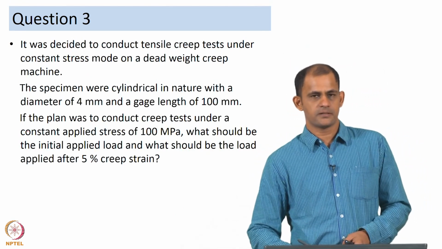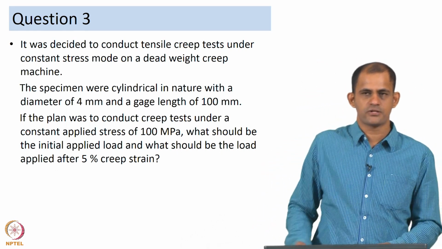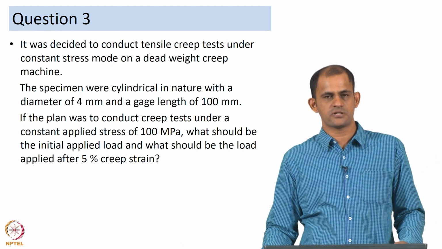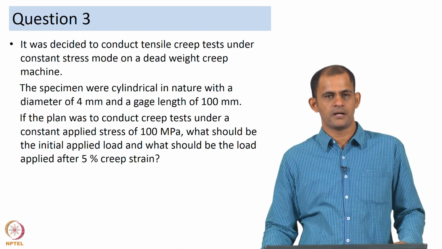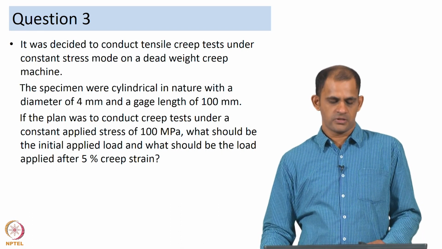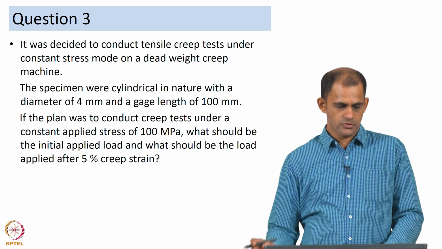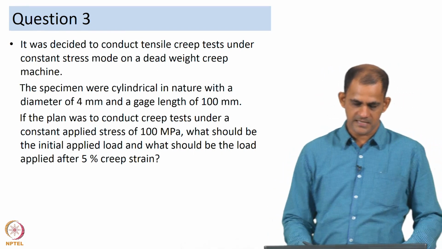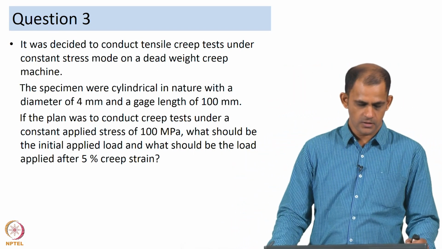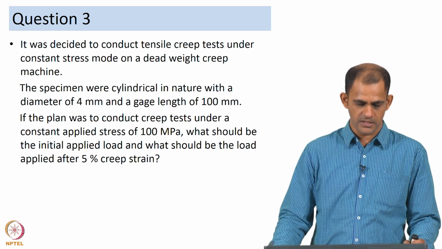Now, let us look at question 3. This also relates to the constant stress and constant load kind of testing. The question is as follows. It was decided to conduct tensile creep tests under a constant stress mode on a dead weight creep machine.